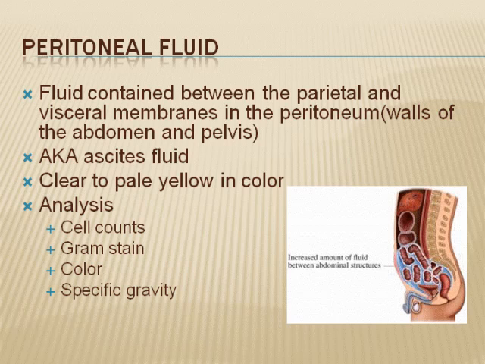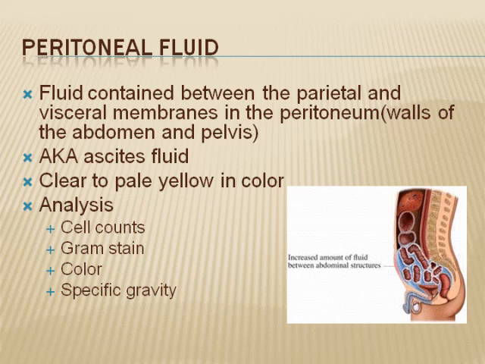The next fluid we're going to talk about is peritoneal fluid. This is a fluid contained between the parietal and visceral membranes in the peritoneum. Peritoneum, also known as the abdomen. So between the walls of the abdomen, also known as ascites fluid. This fluid normally should appear clear to pale yellow.